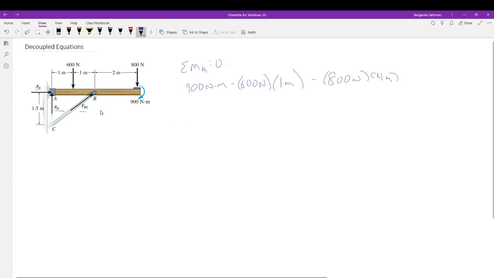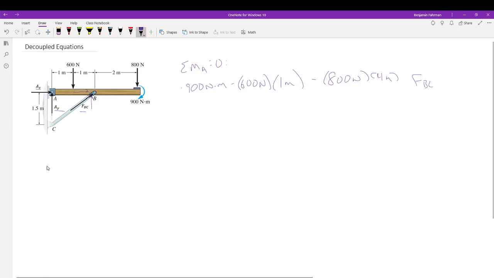And then we've got FBC. Some component of FBC is causing a tendency to rotate. So we want to split this up. Only the vertical component of FBC is causing a tendency to rotate. The horizontal component has got a line of action that goes through point A, so it causes no tendency to rotate.